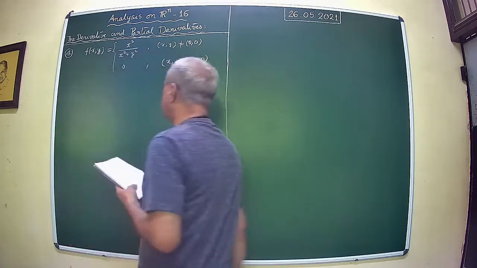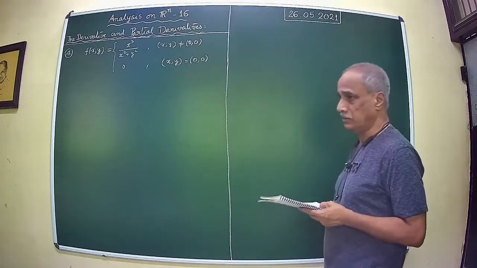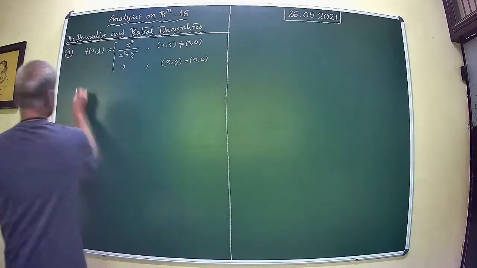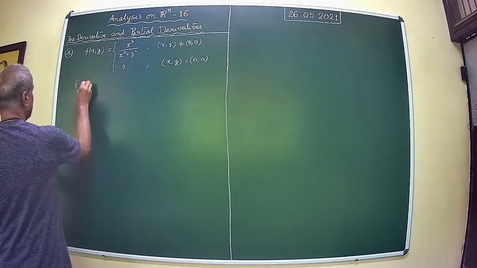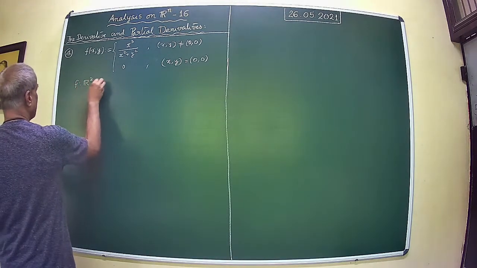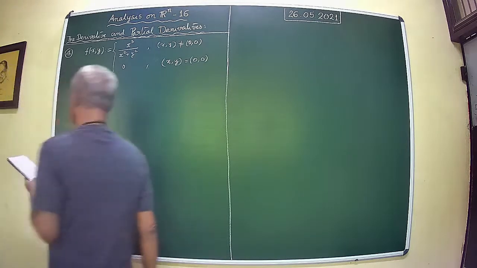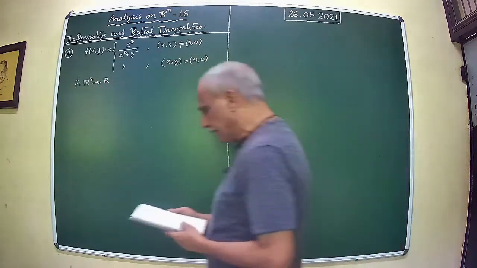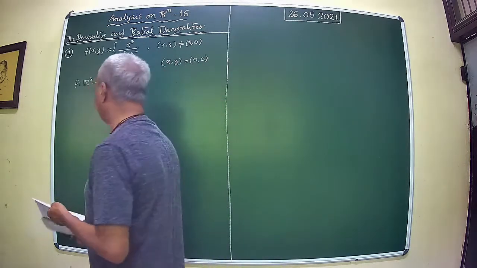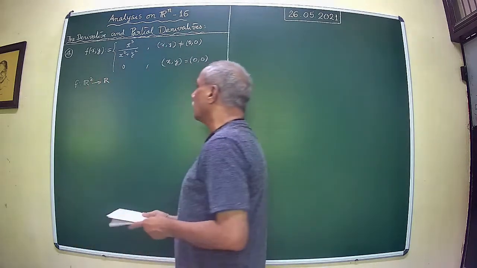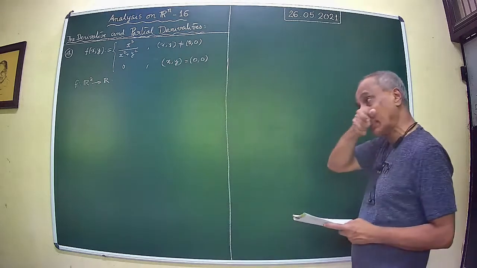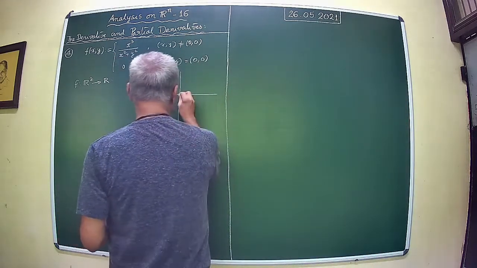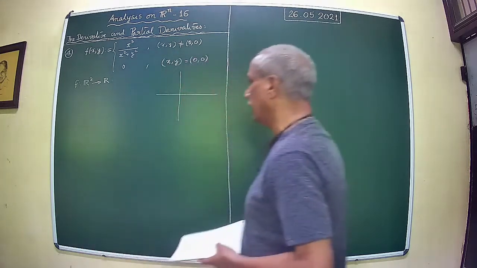It is defined everywhere on R2, so f is a map from R2 to R. Now what we are doing is examining this particular function closely at the point (0, 0). This is the point where we want to analyze it.